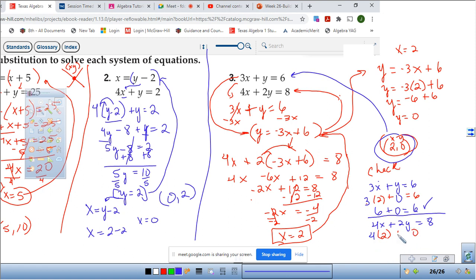So I have 4 times 2 plus 2 times 0, is that equal to 8? Well, I'll tell you this much. This is 0. This is 8. 8 plus 0 is equal to 8. Cha-ching! So it works on both equations, on both lines. So that system is solved. It does cross at 2, 0. What do y'all think? Pretty cool?